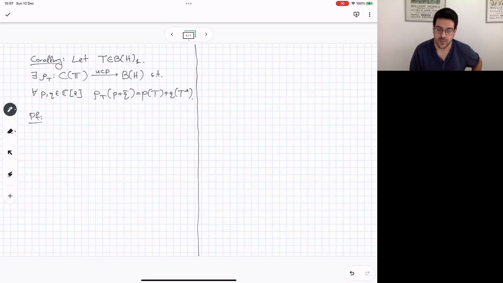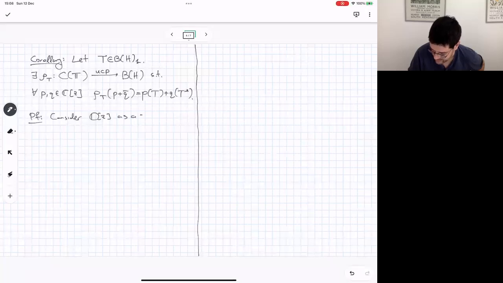It's going to follow immediately from the von Neumann inequality that we mentioned last time. So from the claim we just proved, consider the polynomials as a subspace of C(T), the continuous functions over the circle.